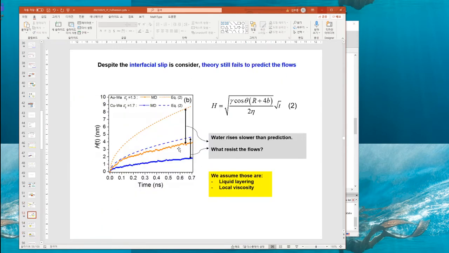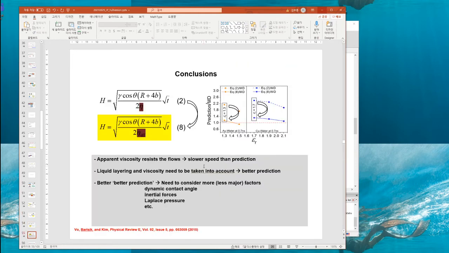So these two prediction lines go down and match very well. So we published this in Physical Review E, saying that when it gets to nanofluidics in a nanotube, this layering and the interfacial viscosity are very important.